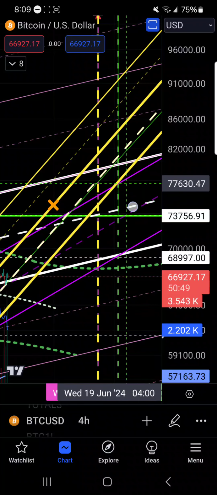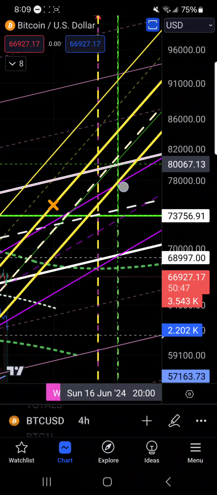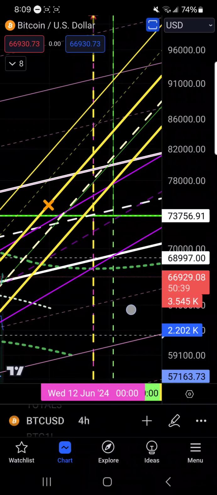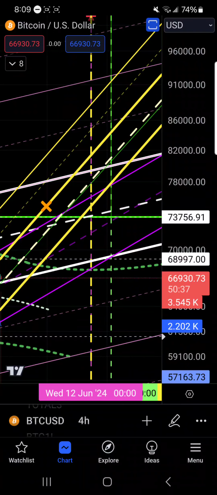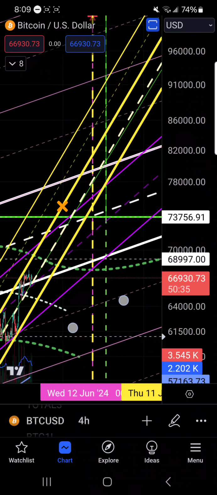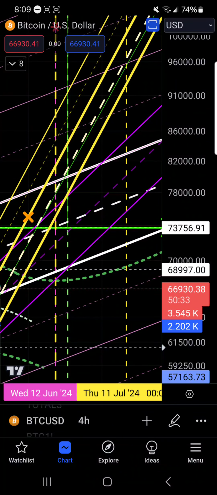And I've been expecting a blast off from about 80K mid-June. At this point, I'm wondering if we don't start our parabolic run till possibly in July. Let's see, we have a CPI data release July 11th.